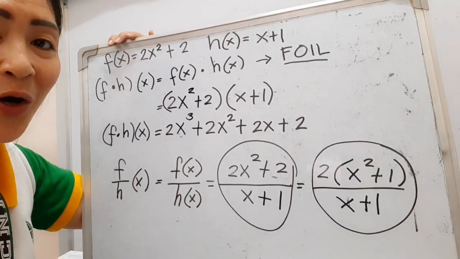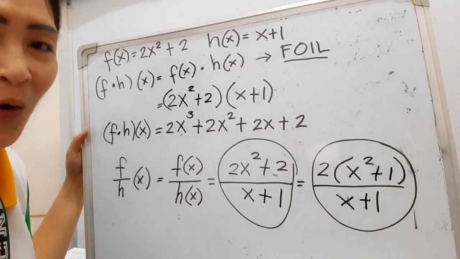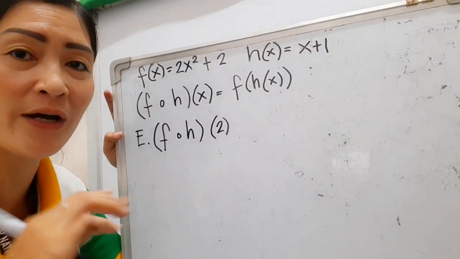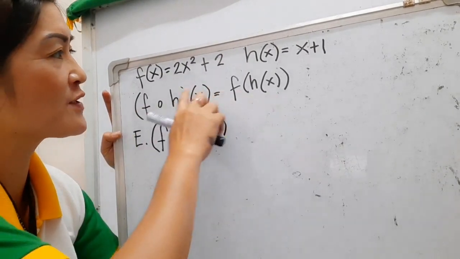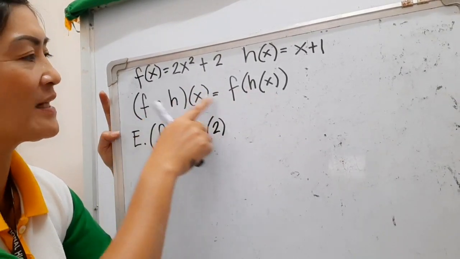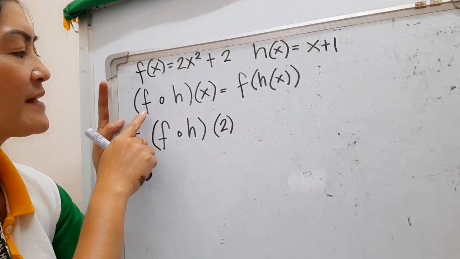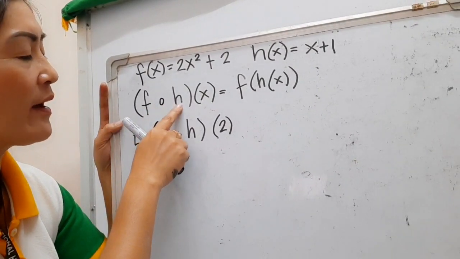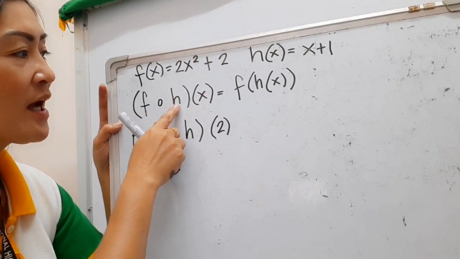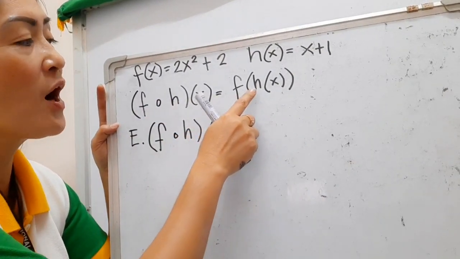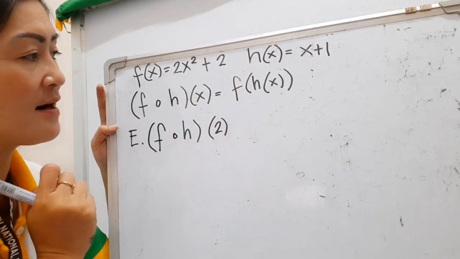We'll now proceed on the composition or the composite functions. So given the 2 functions, we can now determine the composition of these 2 functions following this pattern. We read this one as f circle h, or f composition of h. This may result in f of h of x. Alright?